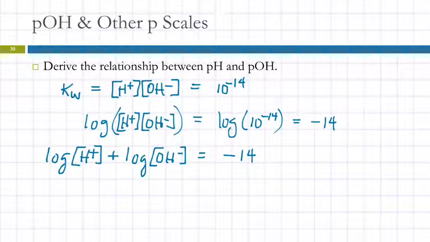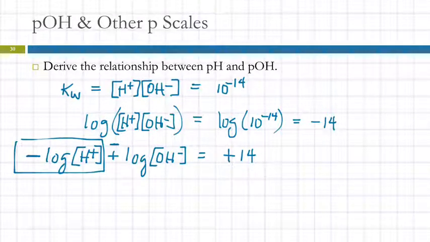Okay, so we still don't have pH or pOH in here at all. Let's multiply both sides by -1. I don't like that negative over there. So this is going to become negative, and that's going to become negative. What does this equal? Negative log of the hydrogen ion concentration. pH. What does this equal?